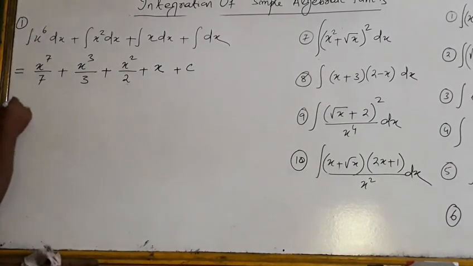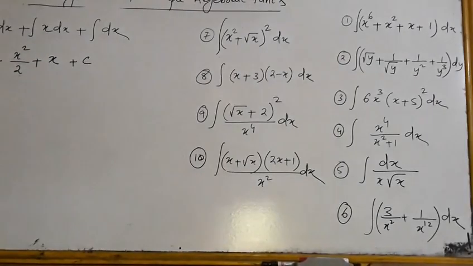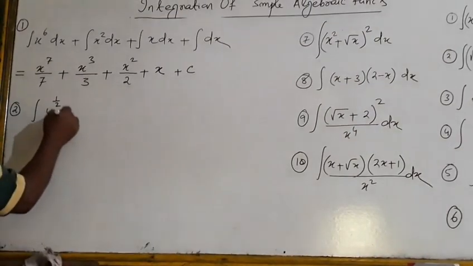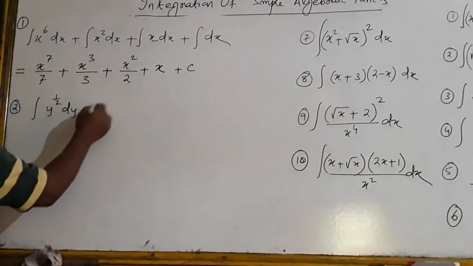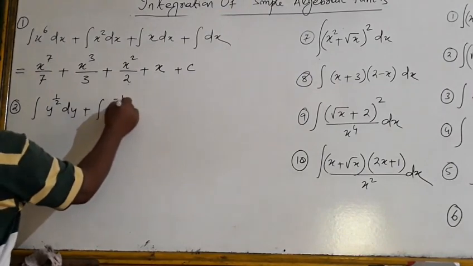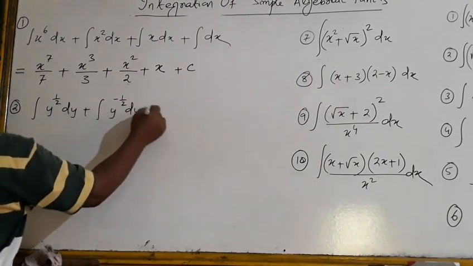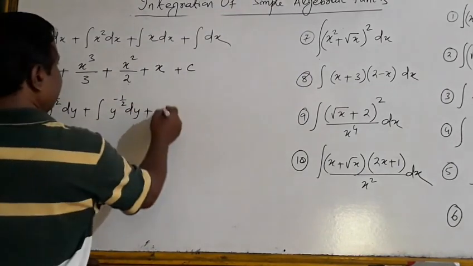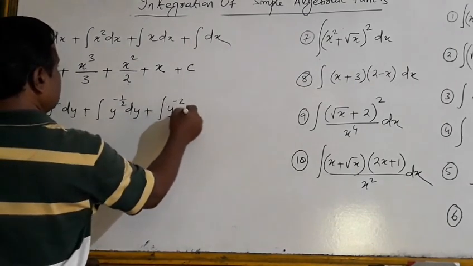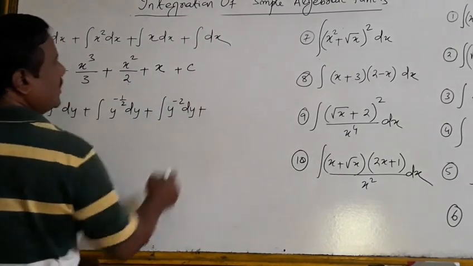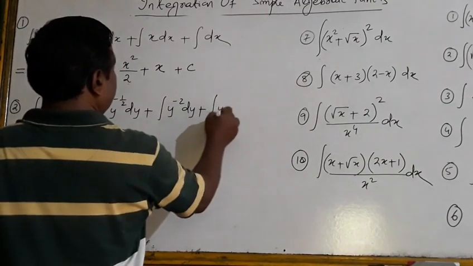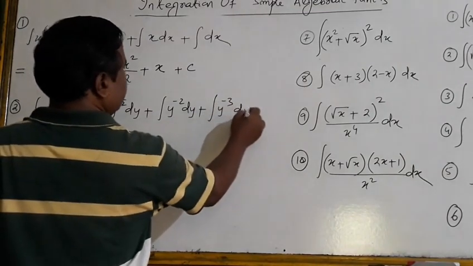Okay, number 2. You have to write y to the power half dy plus y to the power minus half dy plus y to the power minus 2 dy plus y to the power minus 3 dy.